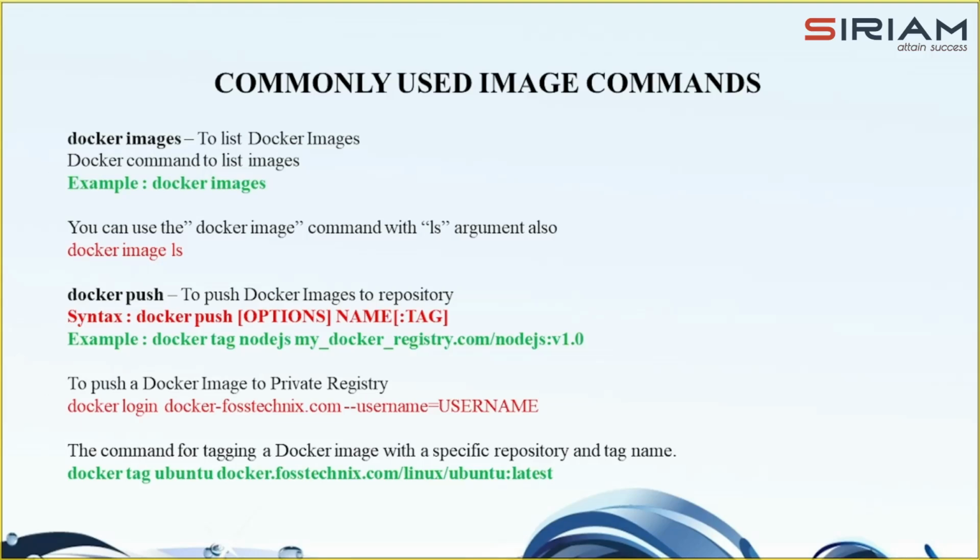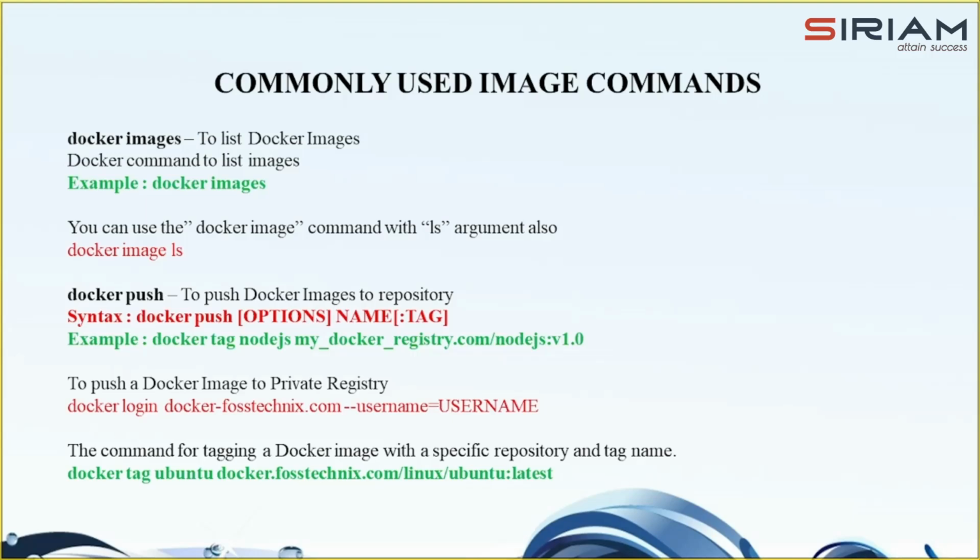Next, we will discuss some commonly used image commands. First is docker images. It lists the Docker images in the local system. So, both docker images and docker image ls display the list of Docker images available locally on your system.